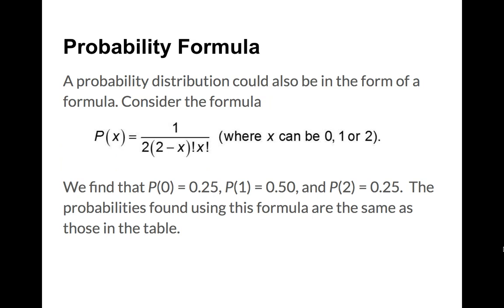So here's a potential probability formula, an equation for this exact same situation. And we can see that it restricts us. It says that P of x equals 1 over the quantity 2 times (2 minus x) factorial times x factorial, where x can be 0, 1, or 2. So we can see here how this function, P of x, is infinite.